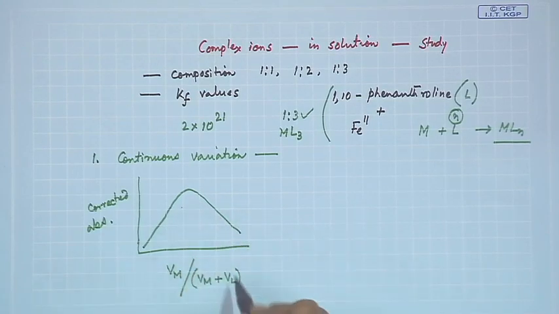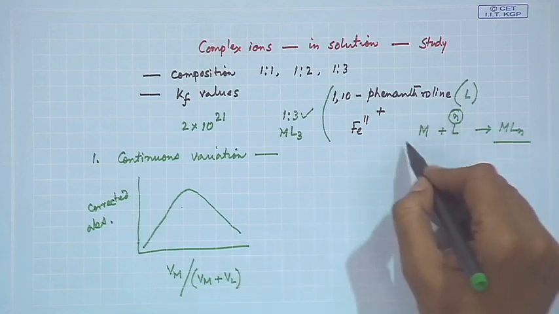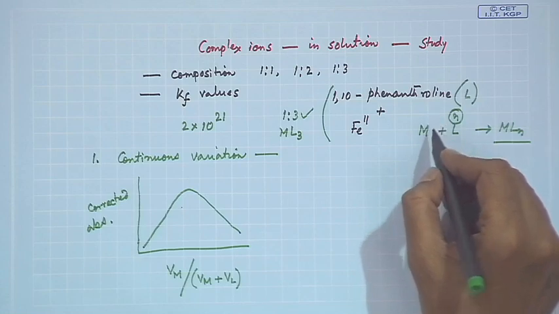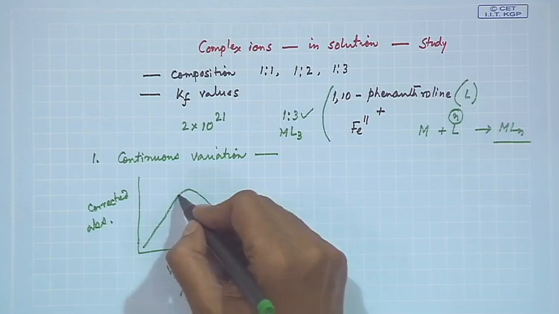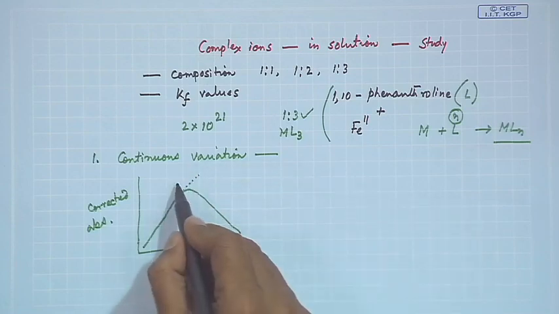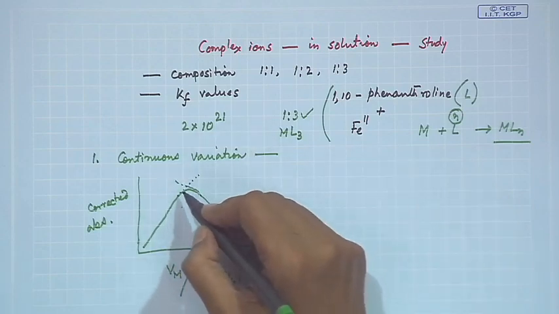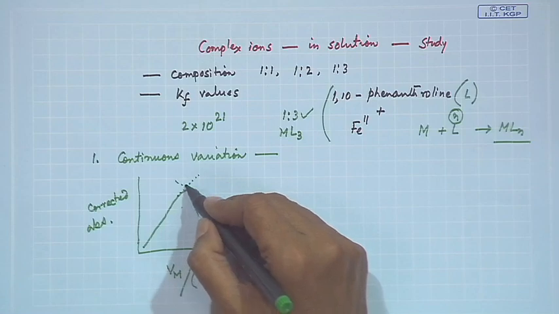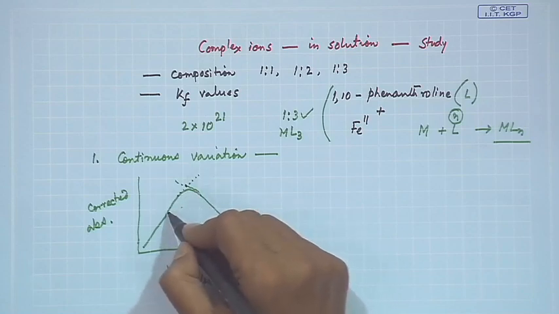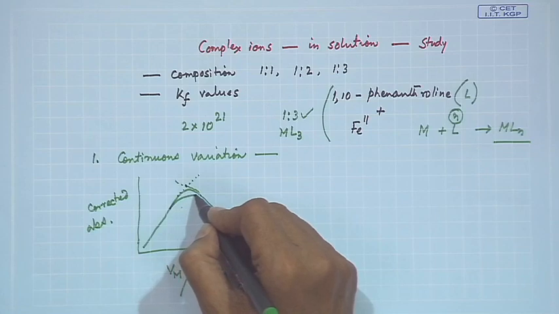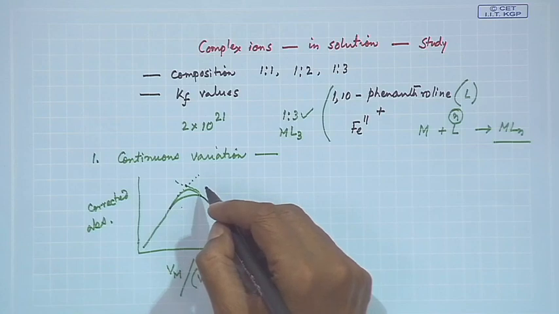This decrease is due to the dilution of the formed metal ion complex, because with the addition of more and more of the metal ion volume, it decreases at that point. If we extend the straight line parts, there is an intersection over here. What you find is how much it deviates from that line, and that also indicates the stability of the metal ion complex species.